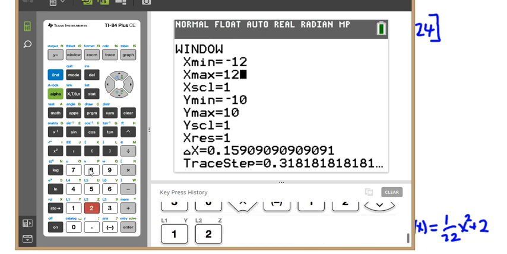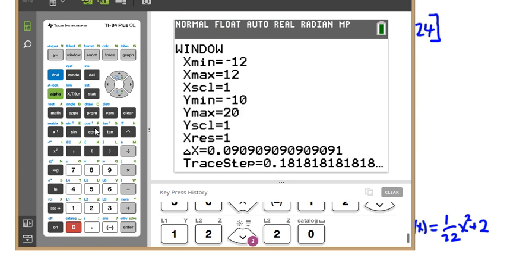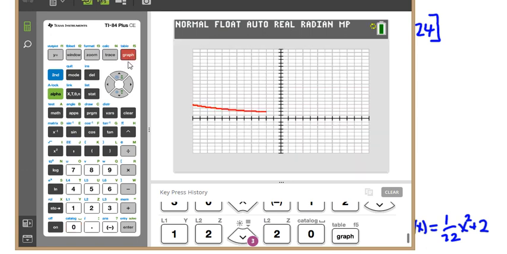It's the y that has to be higher. So x scale of 1, that's fine. Y minimum negative 10 is fine. Here we want to go up to 24, or what was it? 12. Yeah, we'll go to 20. And then we graph, that's what we see here.